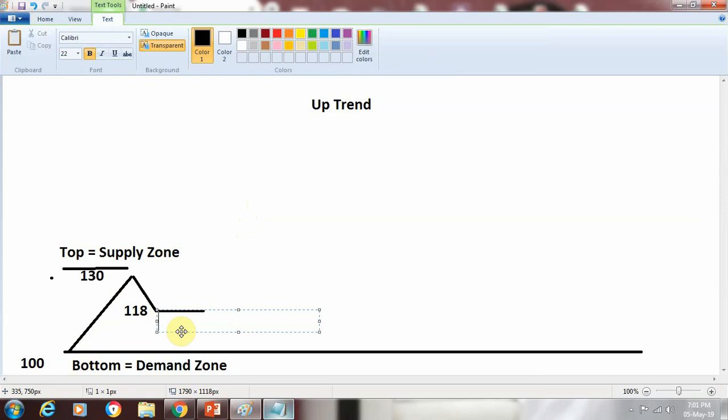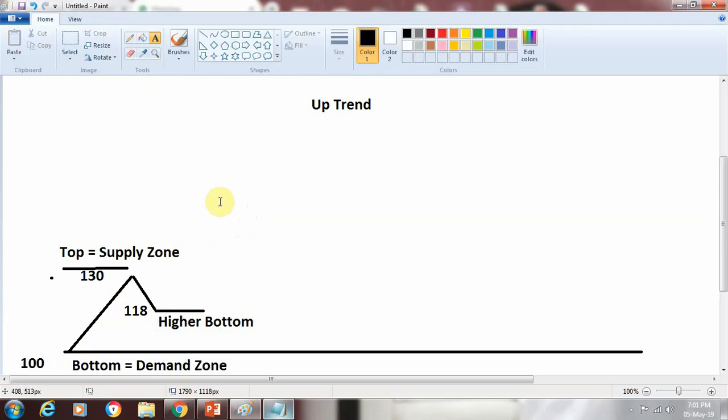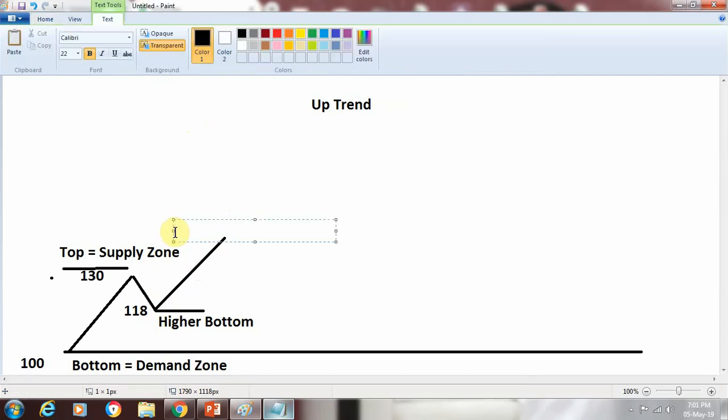So this becomes my higher bottom at 118, and from here, because the demand has increased, what will happen to the price? The price will move higher. So now it goes till, say, 160. So now the price is here at 160.